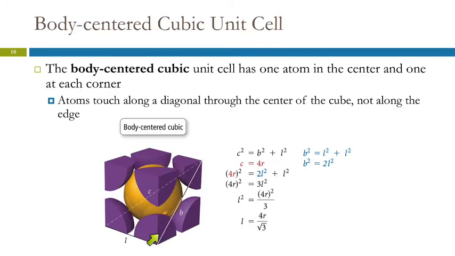You can figure out what B is, and you've got a right angle. And so L squared plus B squared equals C squared, Pythagorean theorem. You go through all of that and you solve it and you get this. L is equal to 4r over the square root of 3, right? I don't expect you to remember that.